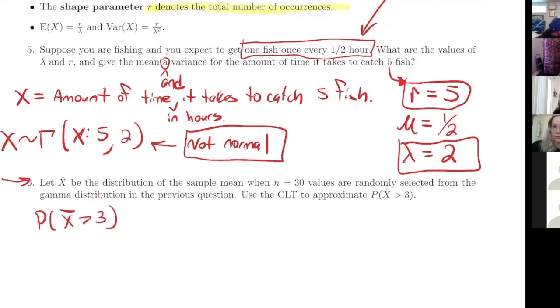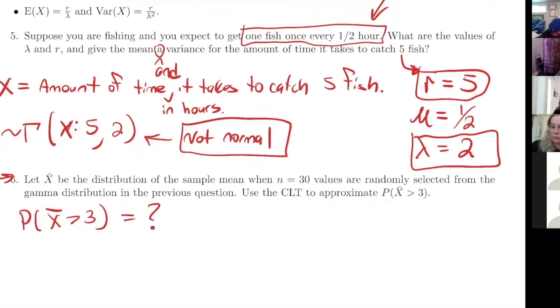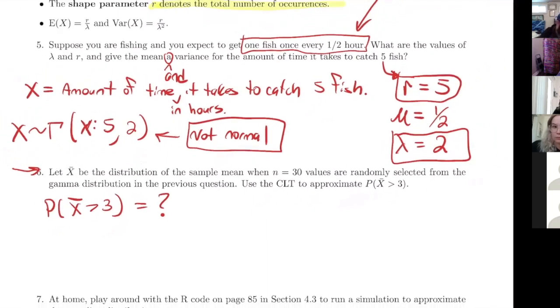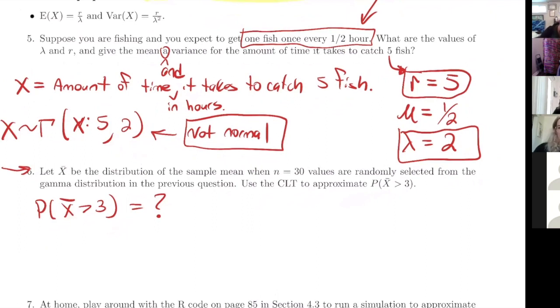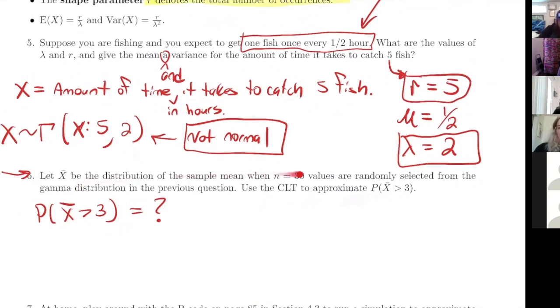So if I want to calculate this probability, we want to be careful that we're using the sampling distribution to calculate it, not the distribution of the population. We're interested in the distribution of sample statistics. So think of 30 different people going out to catch fish.